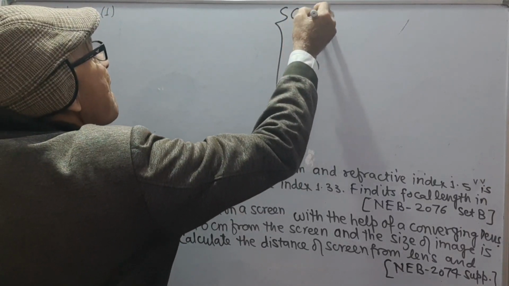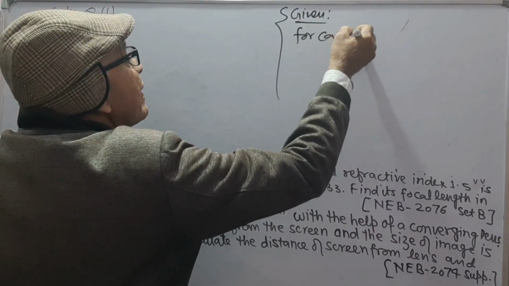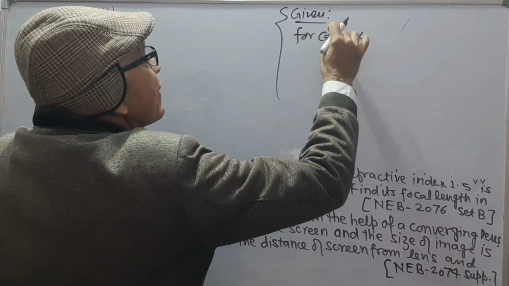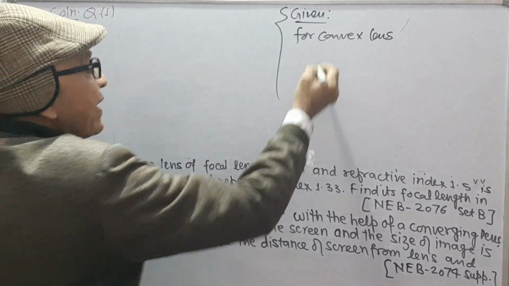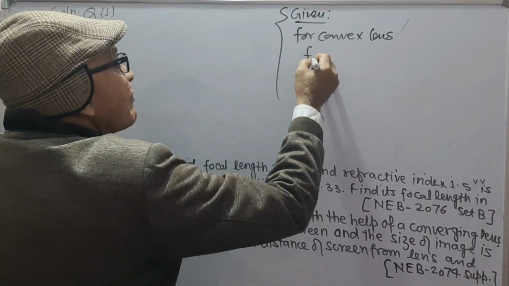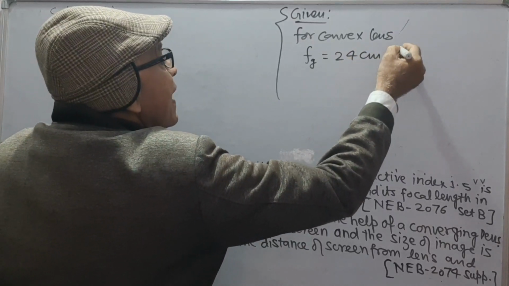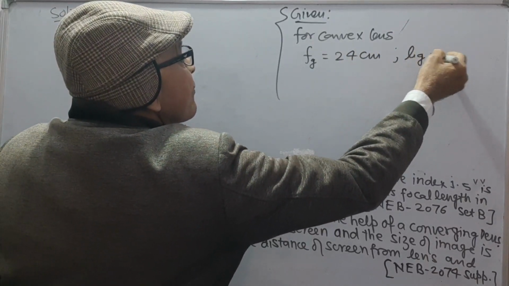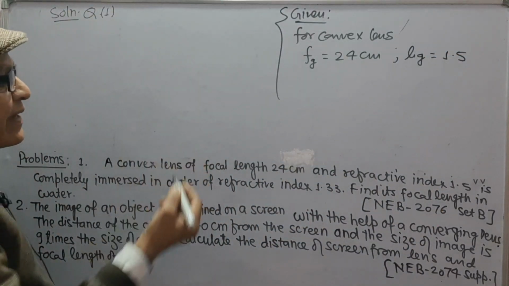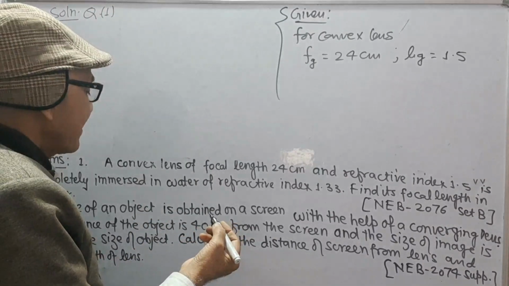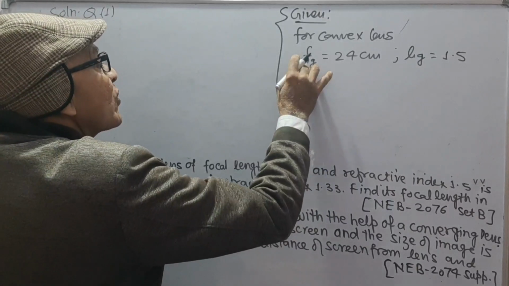Given, for convex lens, f of glass is equal to 24 cm, mu of glass is 1.5. When it is completely immersed in water of refractive index 1.33, then we have to find its focal length.